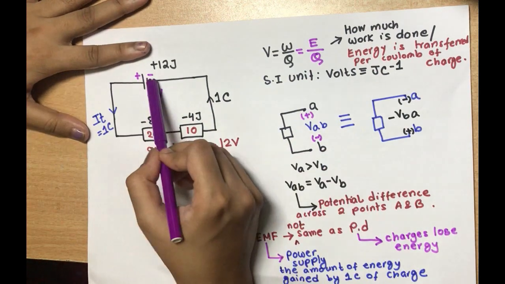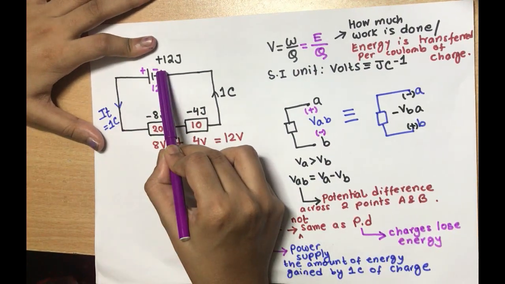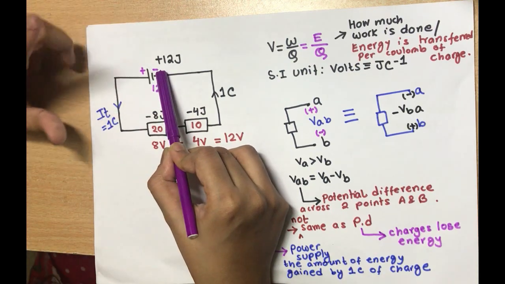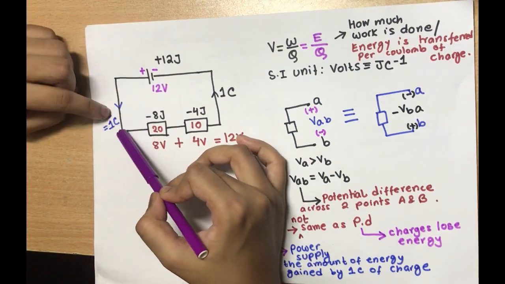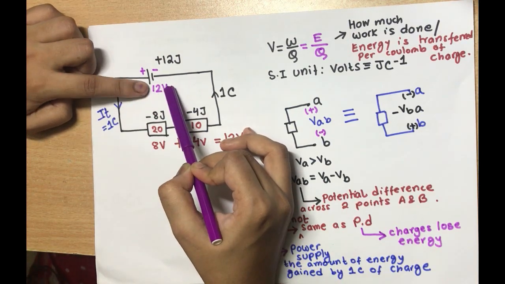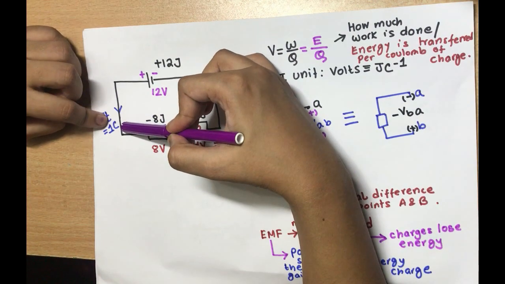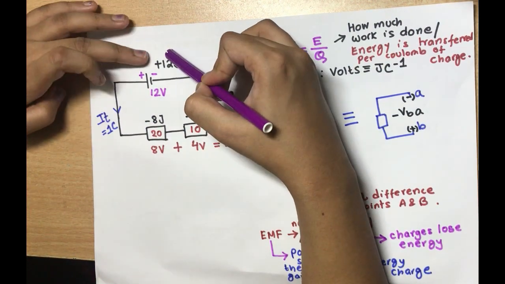Now, when 1 coulomb of charge is passing through the circuit, this 12 volt will mean that it is giving this 1 coulomb of charge an energy of 12 joules.